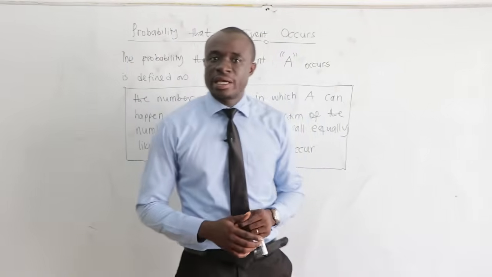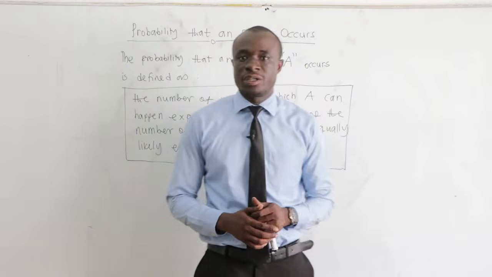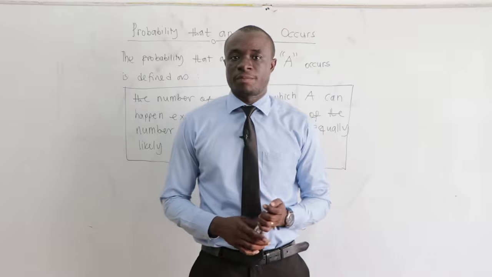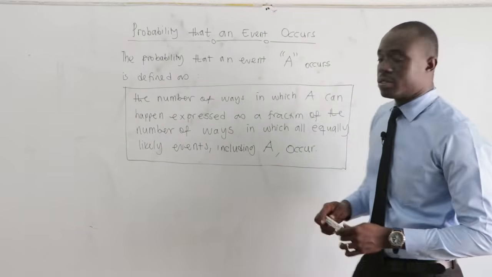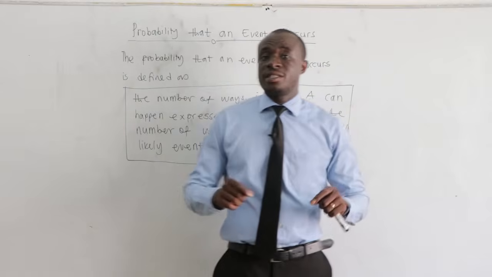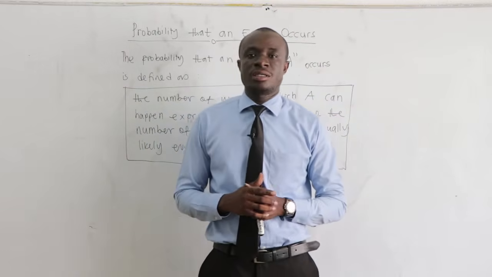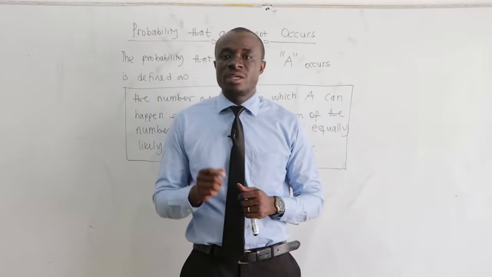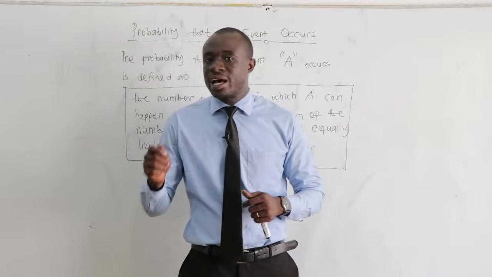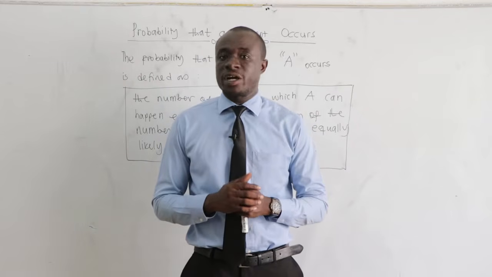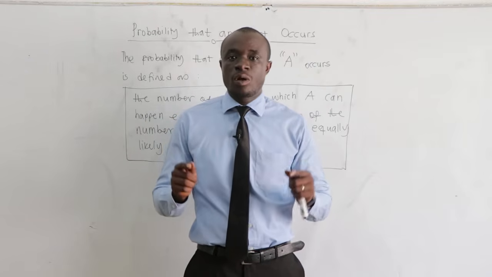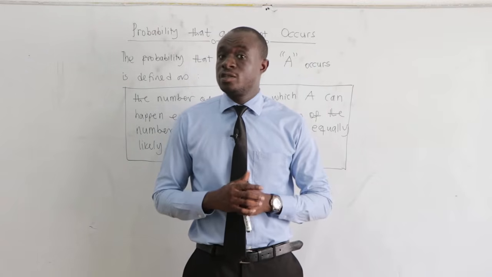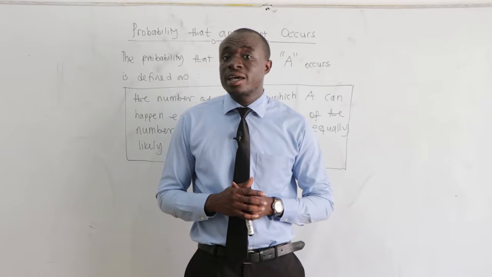Now, I would like to consider the theoretical definition of probability. Now, probability that an event occurs. The probability that an event A occurs is defined as the number of ways in which A can happen, expressed as a fraction of the number of ways in which all equally likely events, including A, can occur.